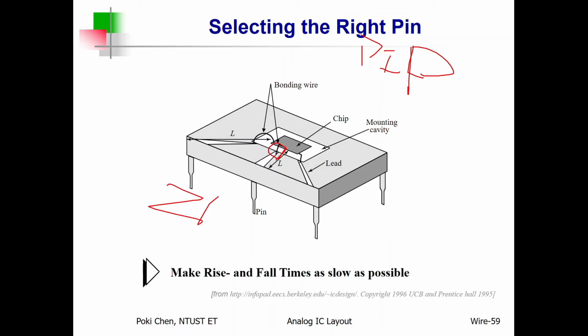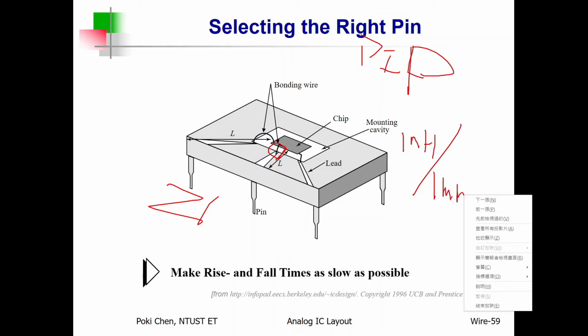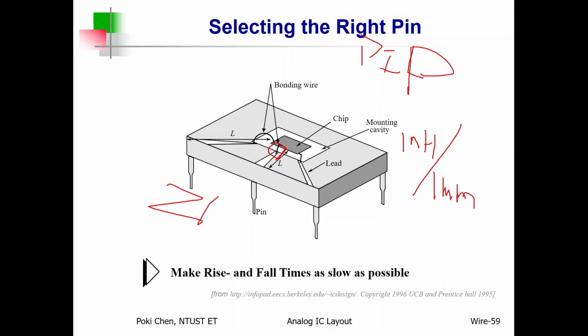Because the longer the bonding wire, the more parasitic inductance. Usually, we estimate maybe 1 nanohenry for 1 millimeter of bonding wire. That is to my memory. Anyhow, the longer the bonding wire, the more inductance you need to face. So please select the I/O pins with the shortest bonding wire for your VDD and the ground.